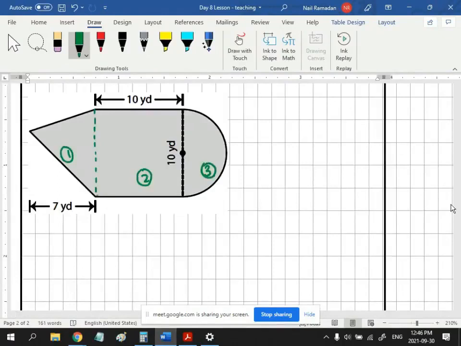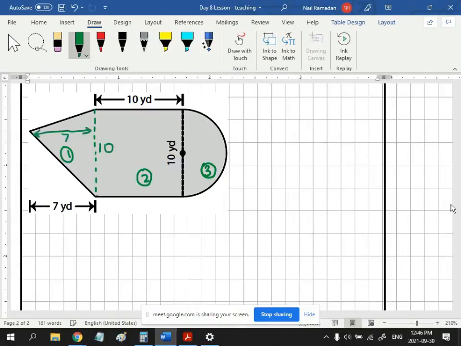Okay. Everyone, listen up. Let's keep the circle to there. What's the base of this triangle? The base is, by the way, feel free to add stuff to the diagram. 10. Height is what?